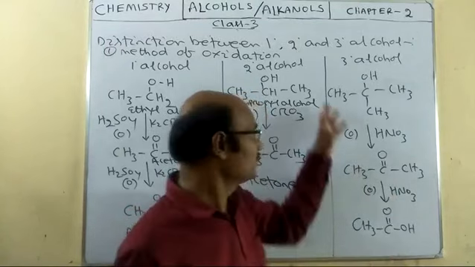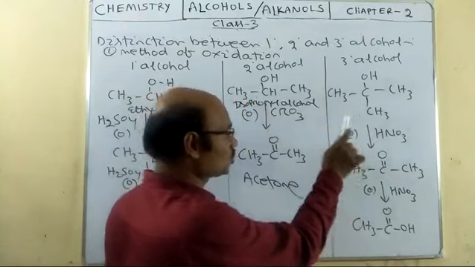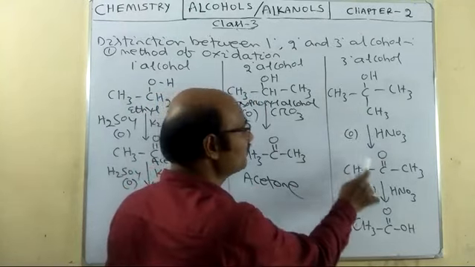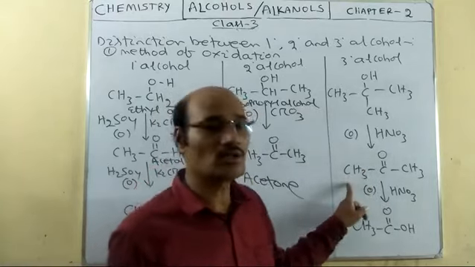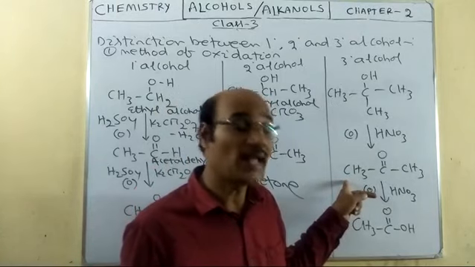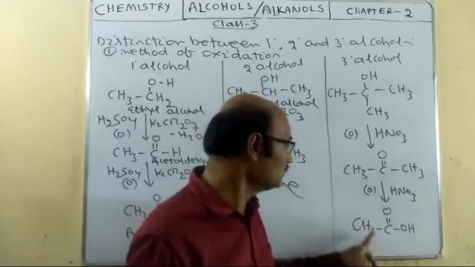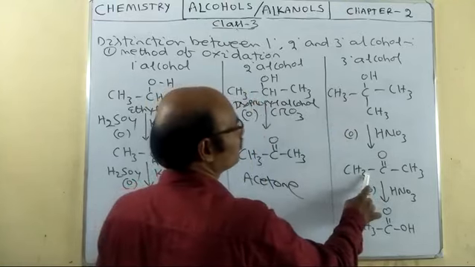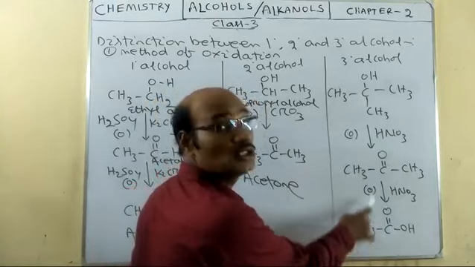So here in the tertiary alcohol, first of all, it undergoes oxidation with a strong oxidizing agent like nitric acid to give a ketone with one carbon less than the alcohol. Again, this ketone undergoes oxidation with a strong oxidizing agent like nitric acid to give a carboxylic acid with again one carbon less. So here the ketone has one carbon less than the alcohol, and again the acid has one carbon less than the ketone.